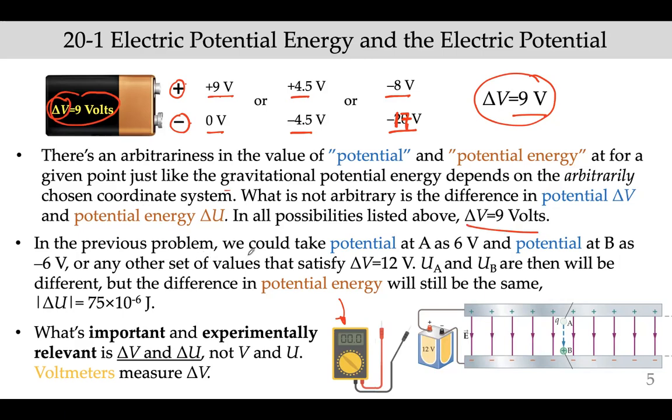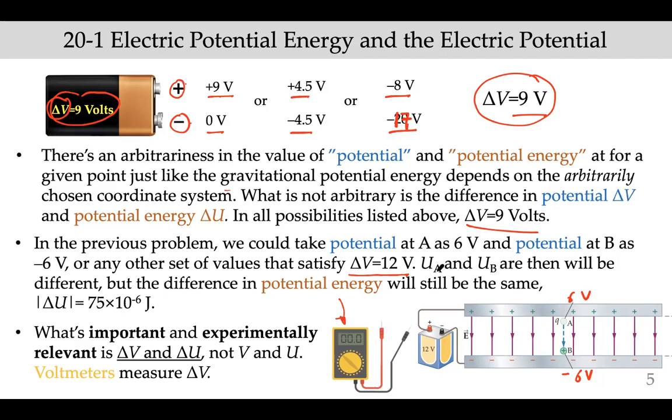So in the previous problem, we could take potential at A as 6 volts, and at B, negative 6 volts, or any other set of values that satisfy the potential difference to be 12 volts.